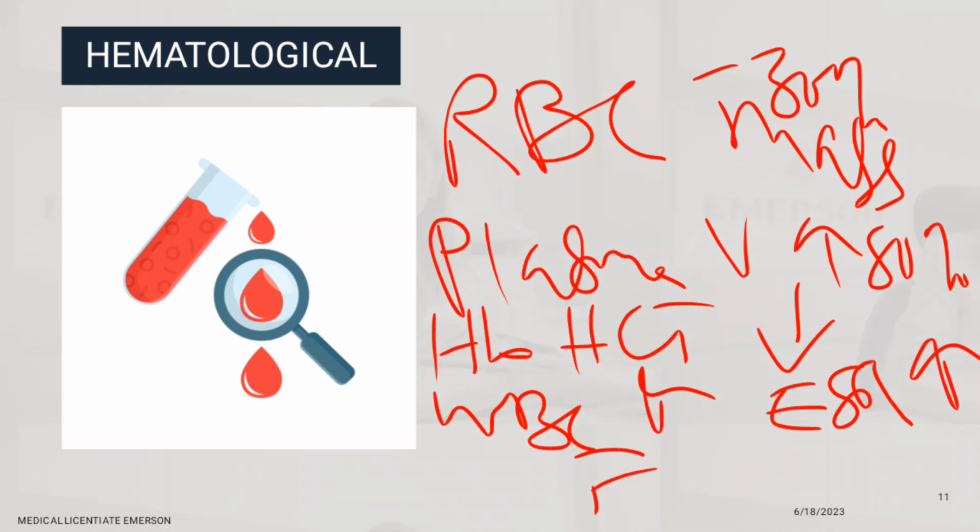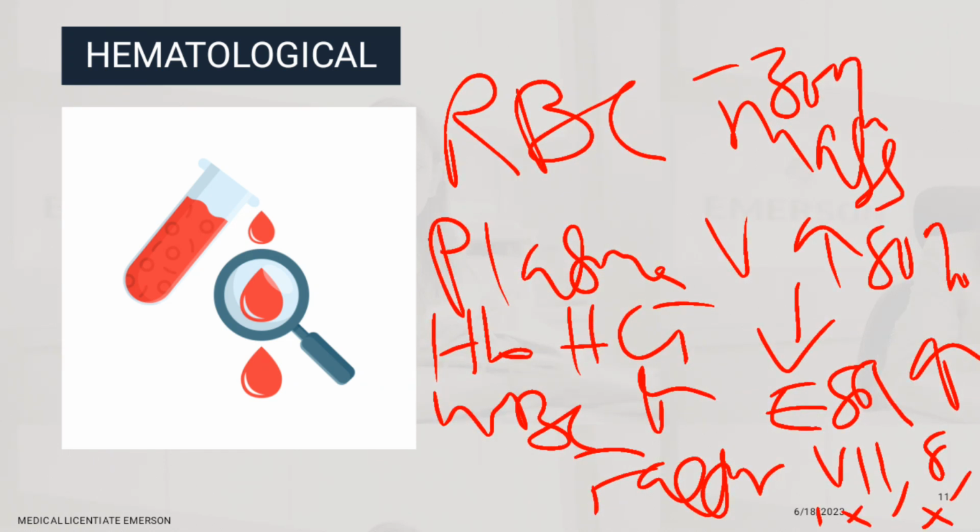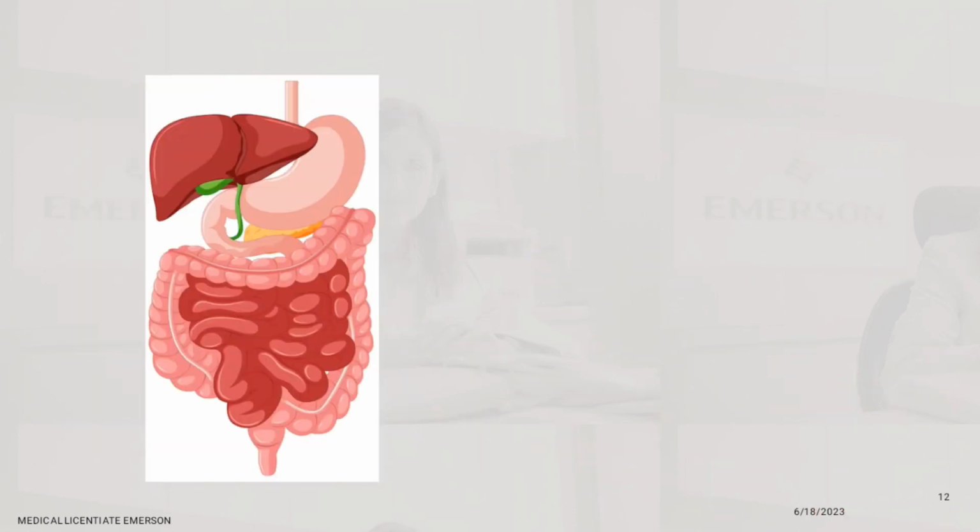So we talked of the factors as well: 7, 8, 9, and 10. Okay, the platelets remain unchanged. Physiological anemia, those are some of the hematological changes. Okay. Then after the hematological changes, we can talk of the GI. Smooth muscle tone goes down, resulting in decreased motility.